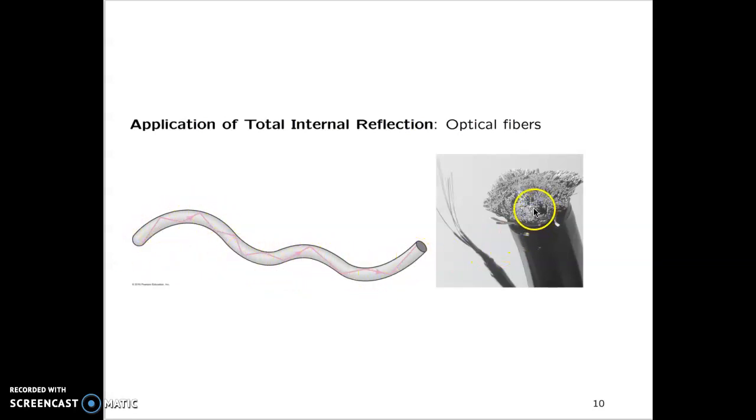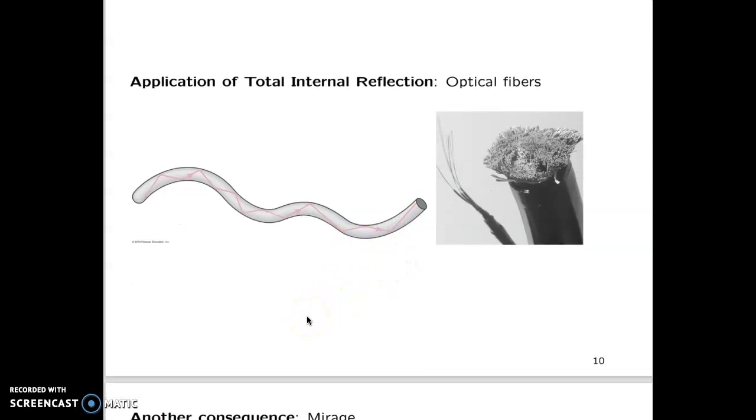Because you can twist and bend these fibers and the light will still follow the path traced out by the fiber. Why does the light do that? Because of total internal reflection. The light just keeps bouncing off the sides of the fiber, and the angles are big enough so that the light is always totally internally reflected. So it will guide the light through these multiple internal reflections, along the path traced out by the optical fiber.